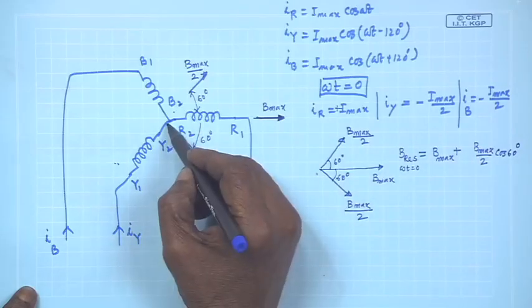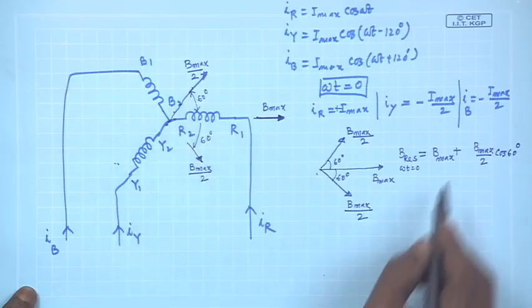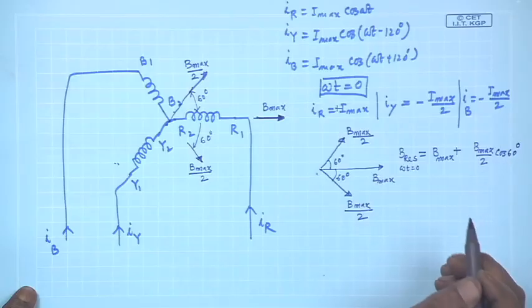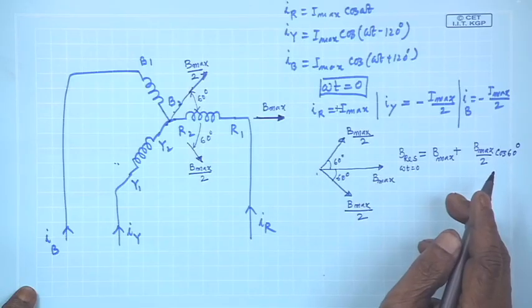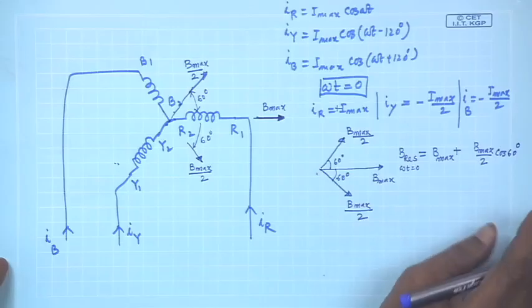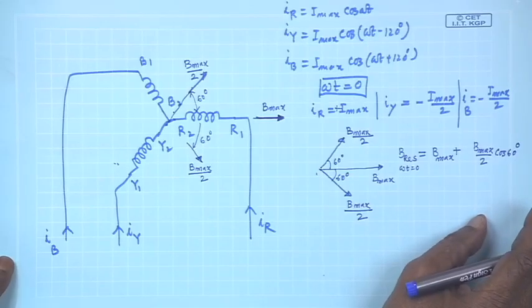Is not, this angle is 60 degree. So, B max by 2 plus B max cos 60 degree. What is cos 60 degree?